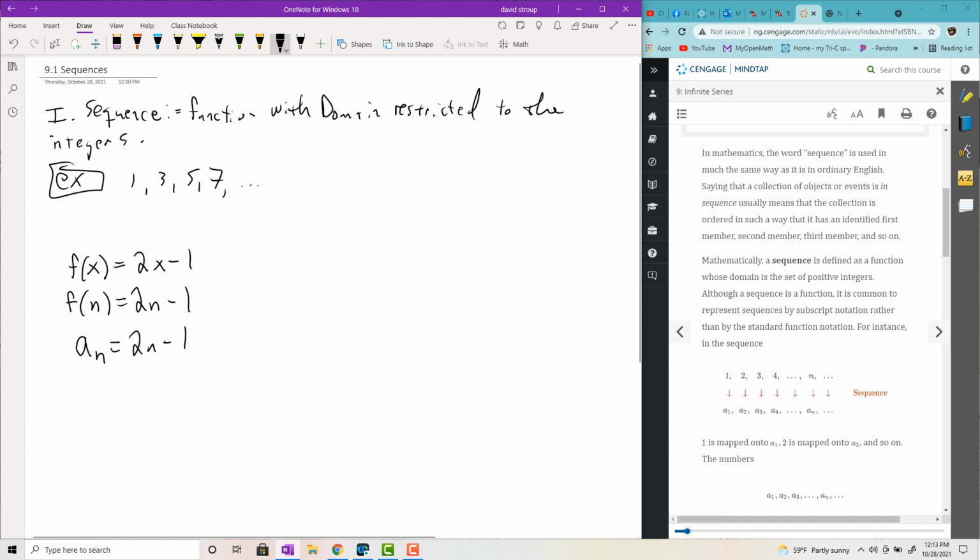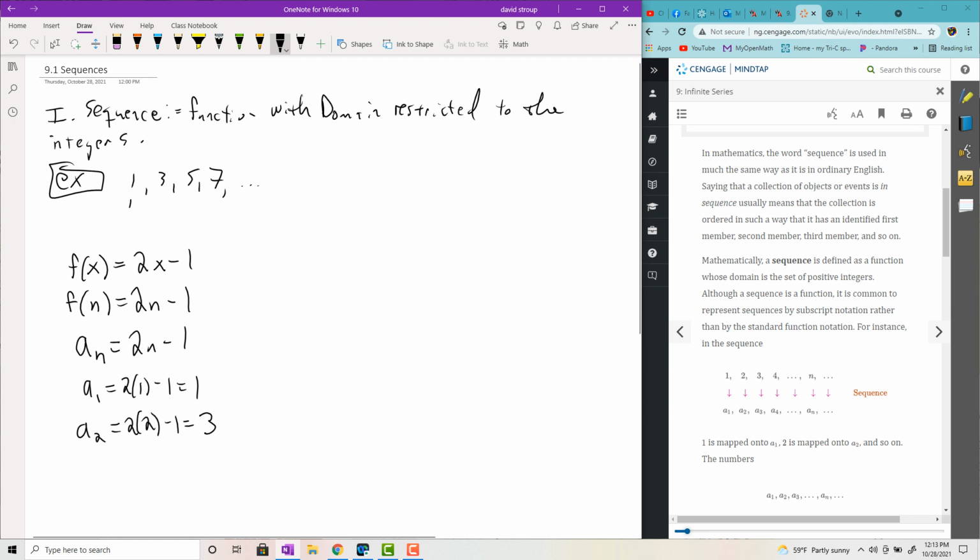To get the terms in this sequence, you just plug in values. If you plug in 1 for n, a sub 1 equals 2 times 1 minus 1, which is 1. A sub 2, the second term of the sequence, is 2 times 2 minus 1, which is 4 minus 1, which is 3.